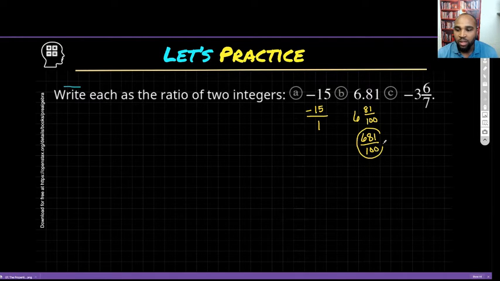Now this is set up as a ratio, so now I know it's a rational number. And same thing here: 3 times 7 is 21 plus 6 is 27 over 7, and that's negative. So there are two integers here, just like here and here, and so all these are rational numbers.